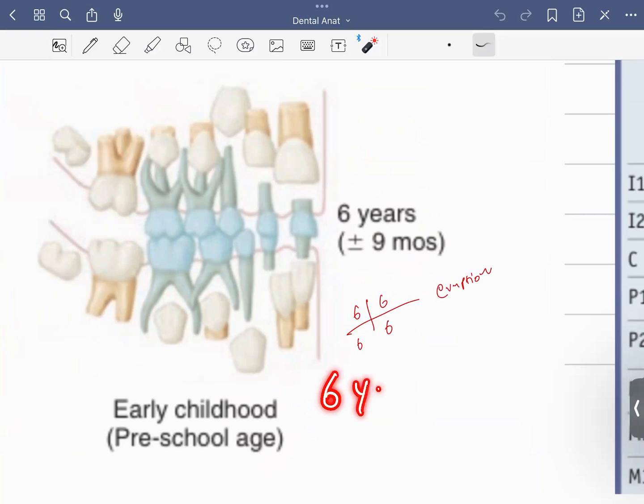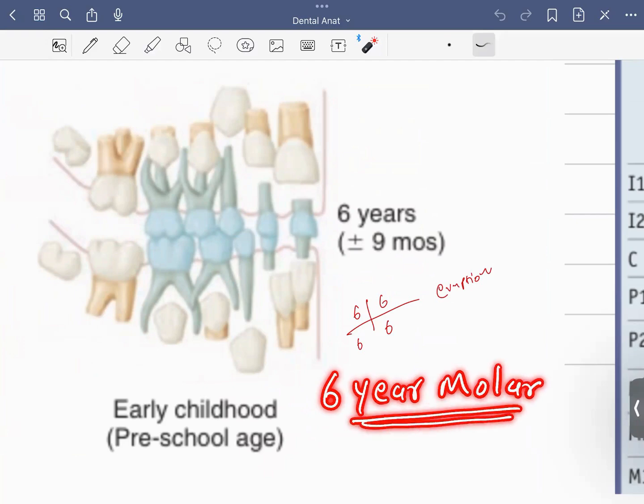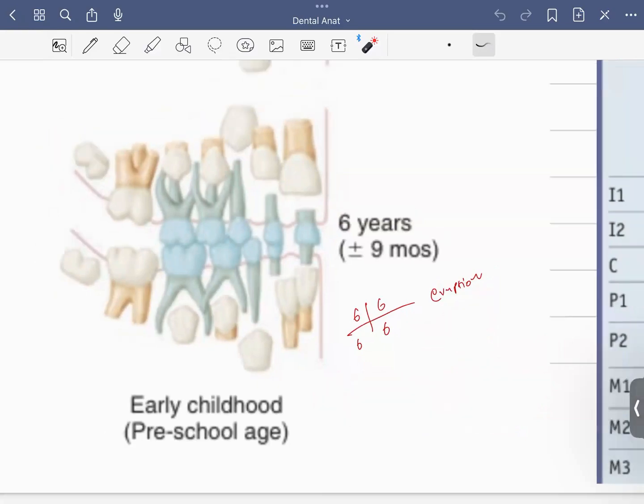Yes, sir. Because the permanent first molars, both the maxillary and mandibular, are erupting at 6 years of age, they are known as 6-year molars. If it is asked in the exam which molar is known as the 6-year molar, it will be the first permanent molars, maxillary and mandibular, because they are erupting at the age of 6 years. Clear?